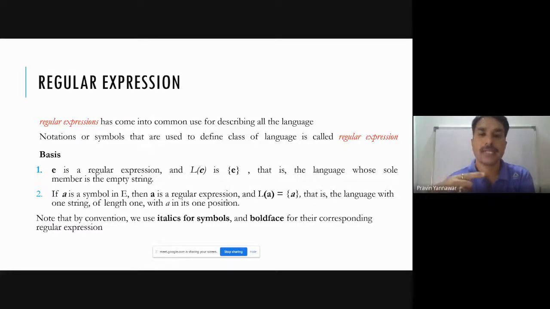An important thing is writing. When you write a language, symbols are used, but when you speak, pronunciation comes, and pronunciations are parsed into a symbolic way in order to understand. So we understand any language by hearing and by reading.